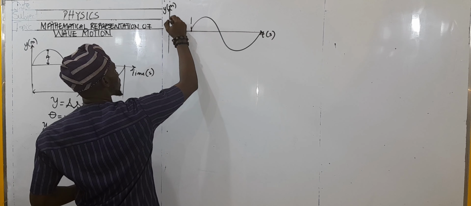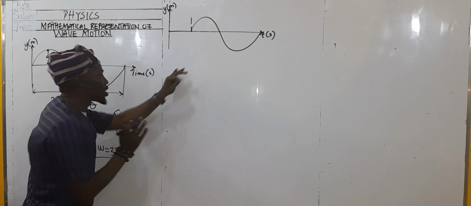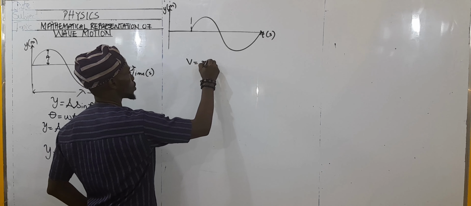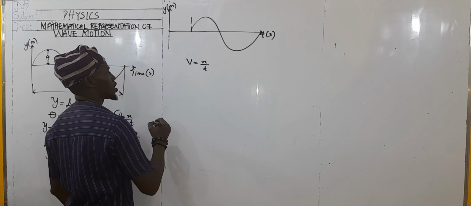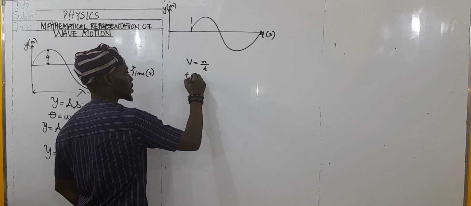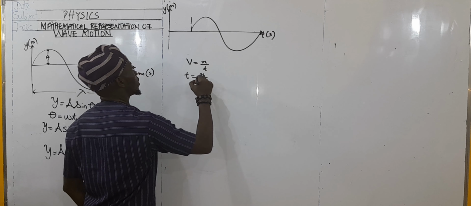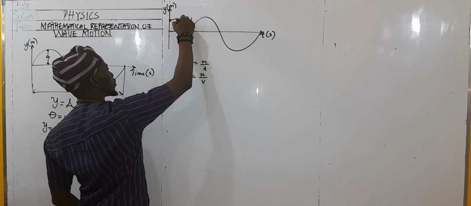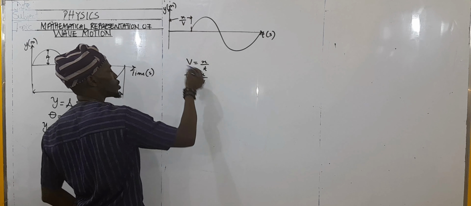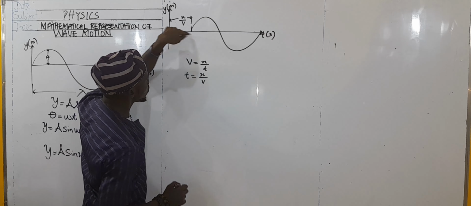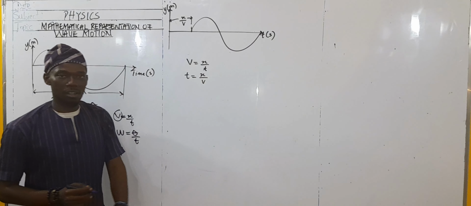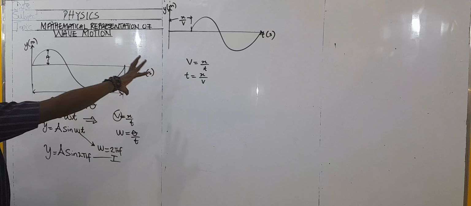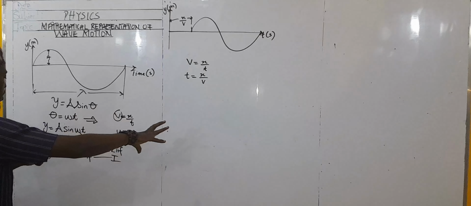So how do we get that time? Watch. We know that v is equal to x over t. So, therefore, time is equal to x over v. So let's say it has moved a period of x over v. Somebody will be asking, why am I using time? It's because this horizontal line is time. Do you get it?